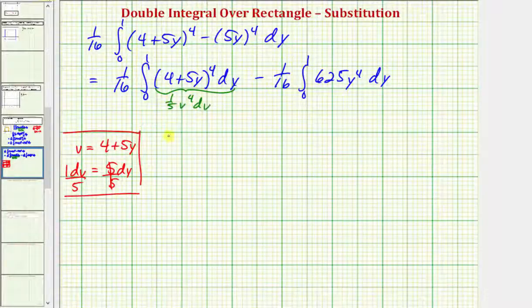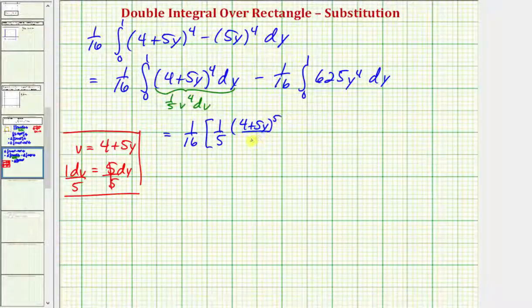So we integrate: we'd have 1/16 times, with respect to v, 1/5 times v to the fifth divided by 5, which means in terms of y, we'd have 1/5 times v to the fifth, which would actually be 4 plus 5y to the fifth divided by 5.